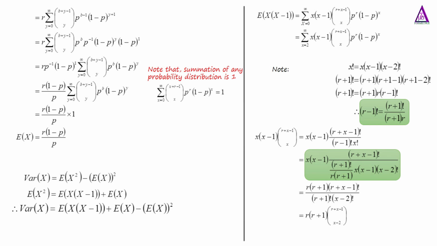And when we're talking about x into bracket x minus 1 combination r plus x minus 1 combination x, we can write it as x into bracket x minus 1 into the bracket r plus x minus 1 factorial divided by r minus 1 factorial x factorial. And by expanding this equation, we have this. So that's how we get all this.